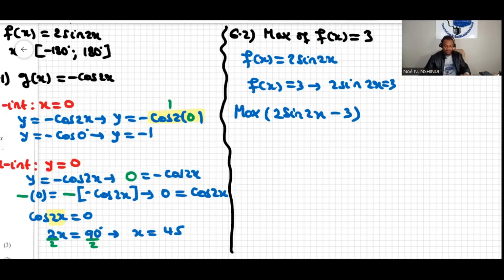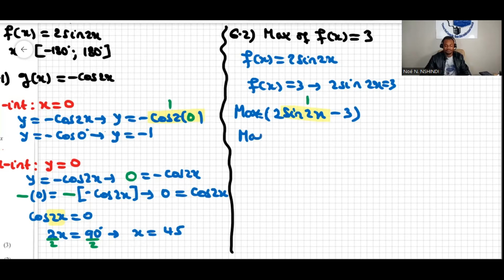Now it is important to note that the two trig functions sine and cos are bounded between -1 and 1. They're not more than 1 or less than -1. So the maximum value is 1. The sine part has a value of 1.